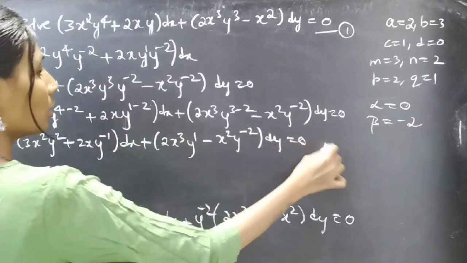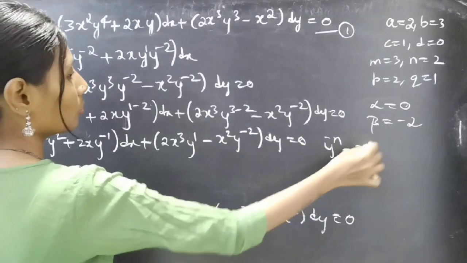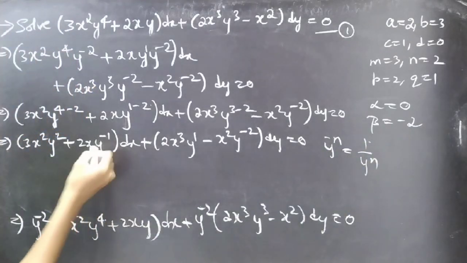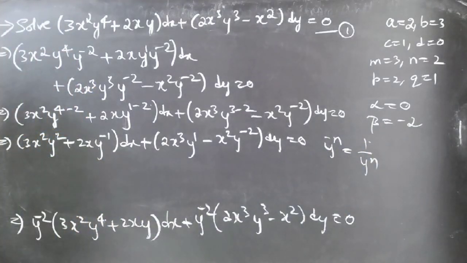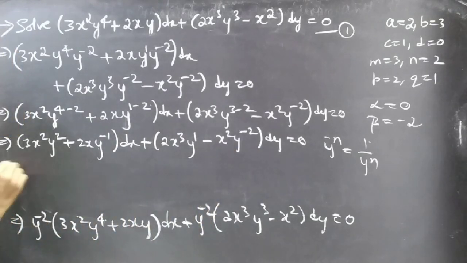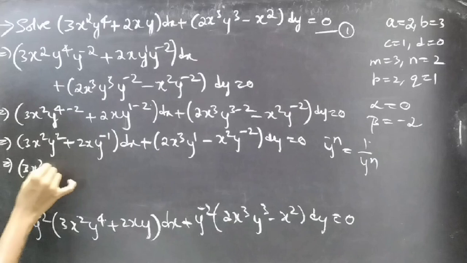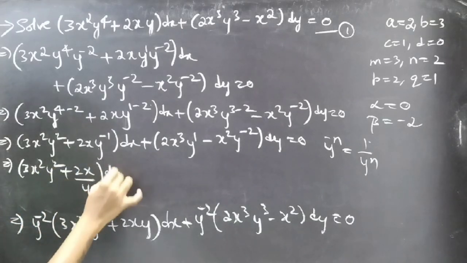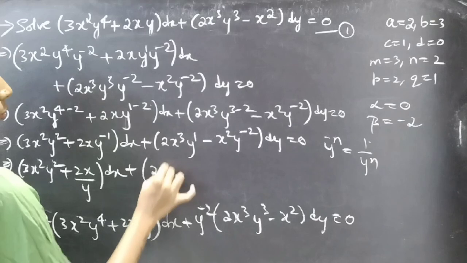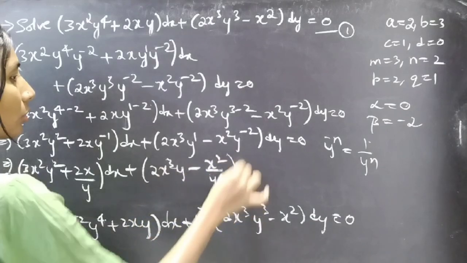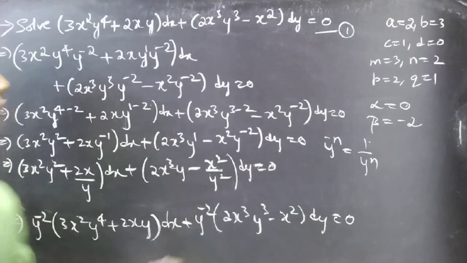Since y power minus n can be written as 1 by y power n, so we'll write y power minus 1 as 1 by y and y power minus 2 as 1 by y square. Then this becomes 3x square y square plus 2x by y into dx plus 2x cube y minus x square by y square into dy equal to 0.